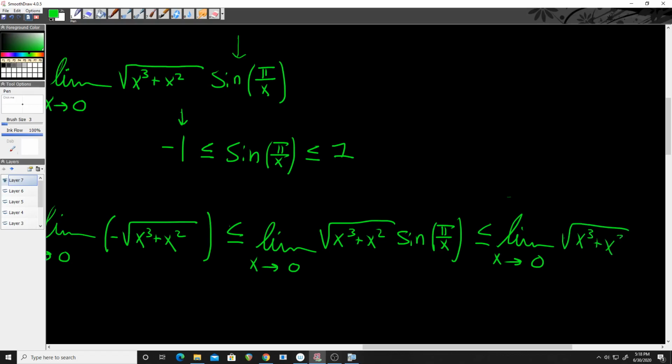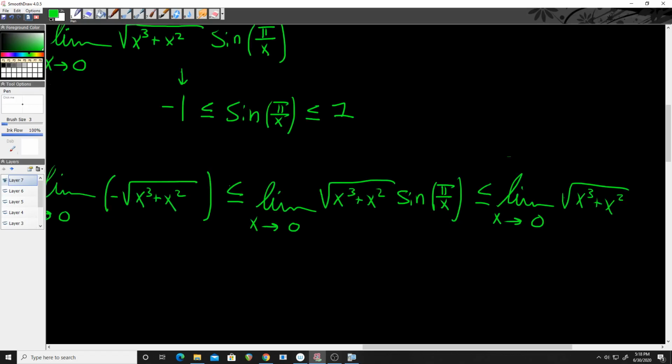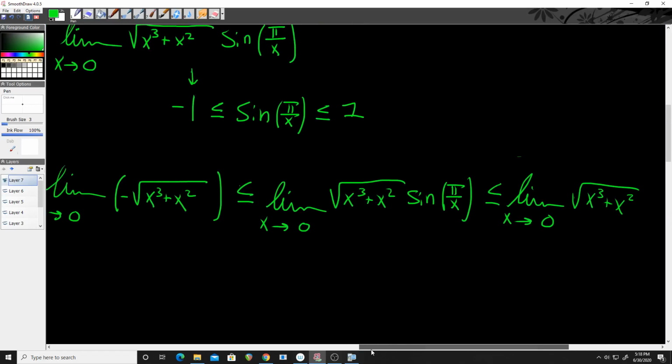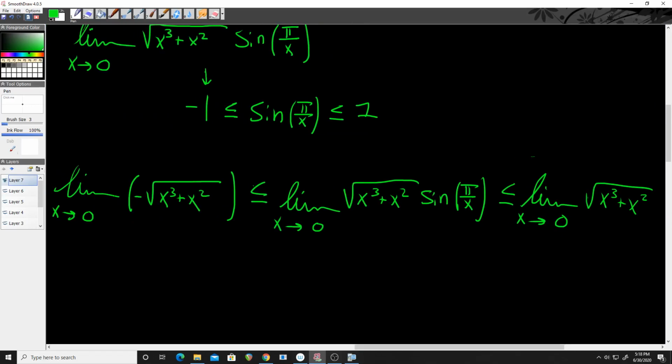Okay, now, just like before, this function is continuous at x equals 0.